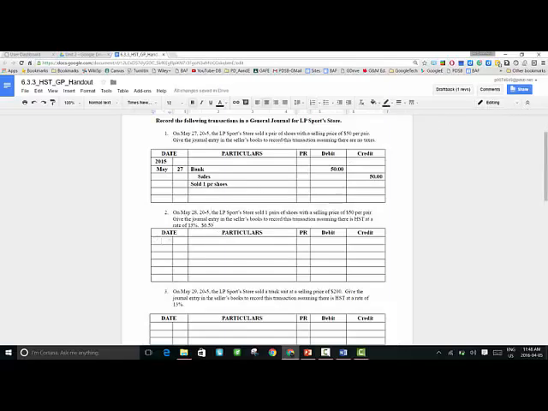So we're going to put in our date, so 2015, our month, and the day, which is the 28th. In this case, we have collected $50 in cash for the shoes plus $6.50 in cash for the taxes. So the full entry to our bank account is going to be $56.50.